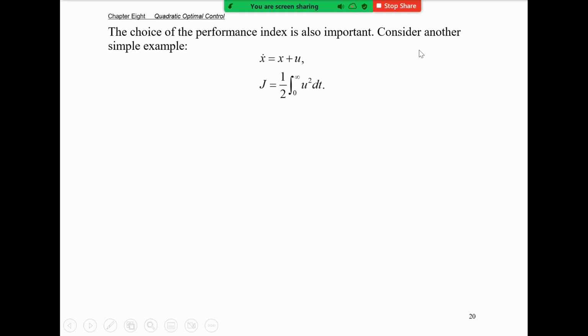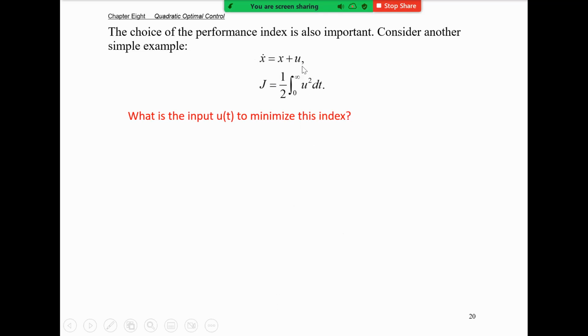To see that point, now let's look at this example. It is still a scalar example: x dot equals x plus u. Now, if I put the performance index in this way, what is the input to minimize this cost function? 0, of course, right? You put u equals 0.